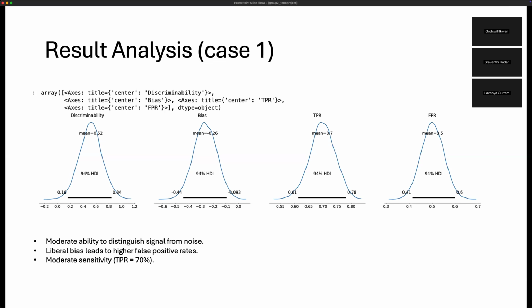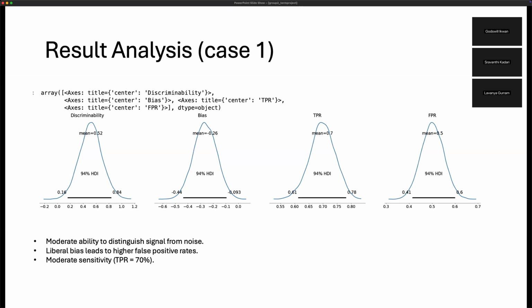Thanks, Gurram. Looking at the results that were achieved, in case one we have an average of 0.52 for discriminability, an average of negative 0.26 for bias, and 0.7 for TPR and 0.5 for FPR.